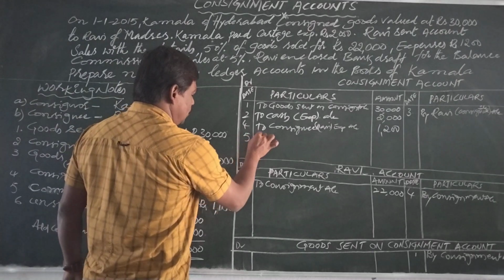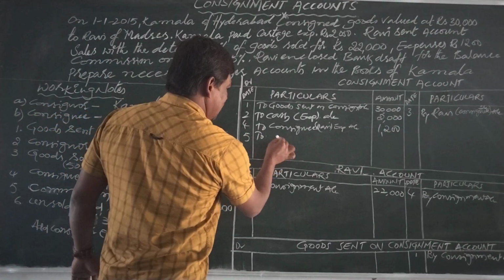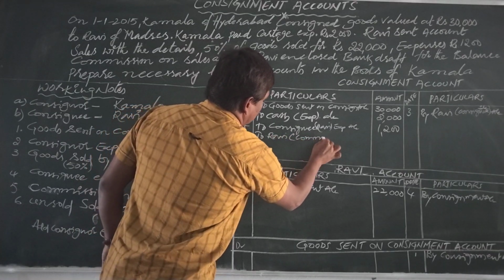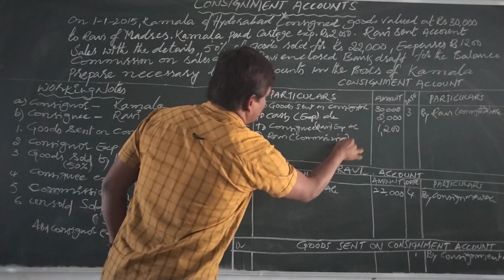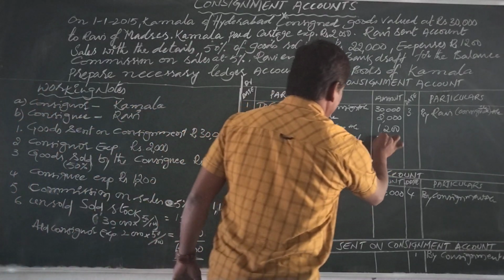So fifth point, to commission, or we can write Ravi commission account, that is 1100.